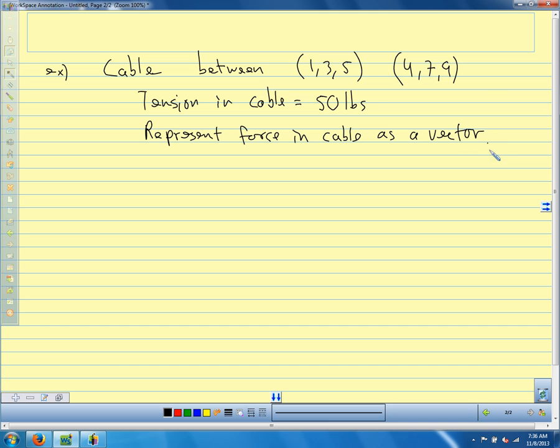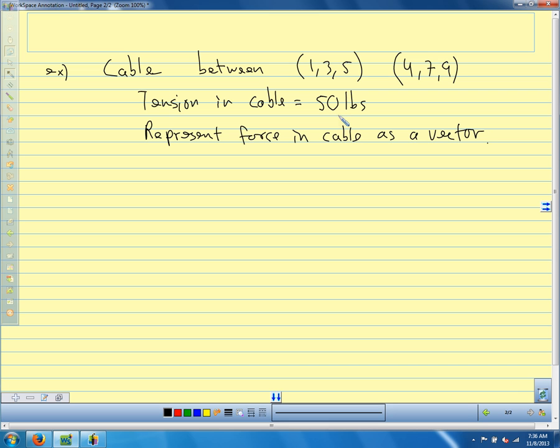So, any ideas of how we want to do this? Well, first, what is the 50 pounds? What is that telling us about the force? What part of our vector is that telling us about the force? That's our magnitude. So this is going to be the magnitude of our force, and we need to get a direction.